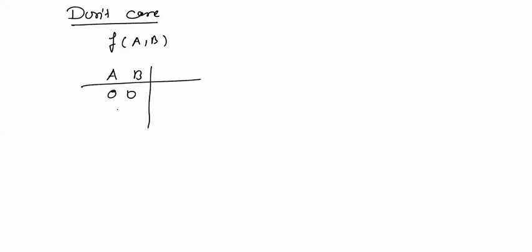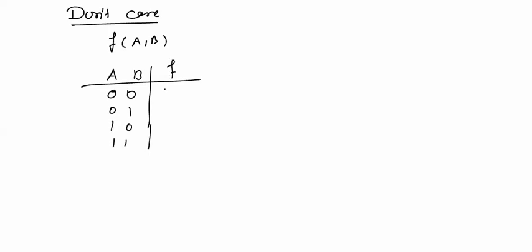Now we'll see the don't care condition. Suppose we have a function f which depends on two variables a and b, and we have its truth table as follows.